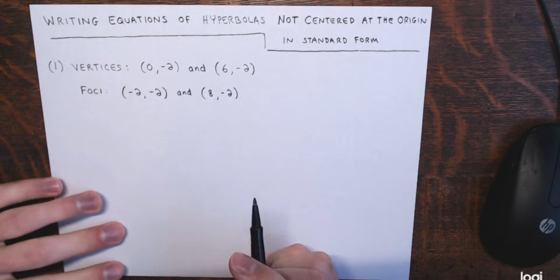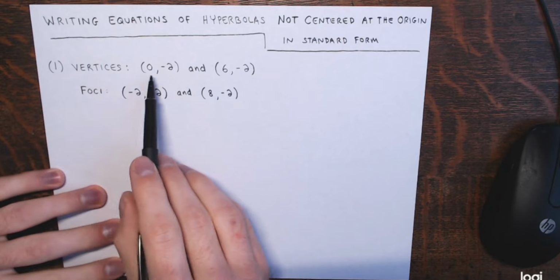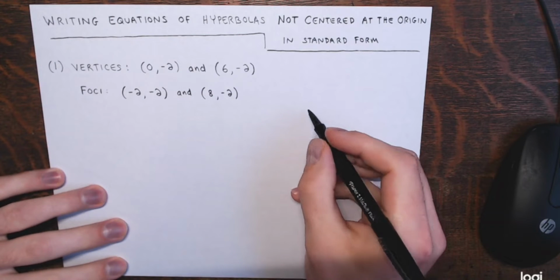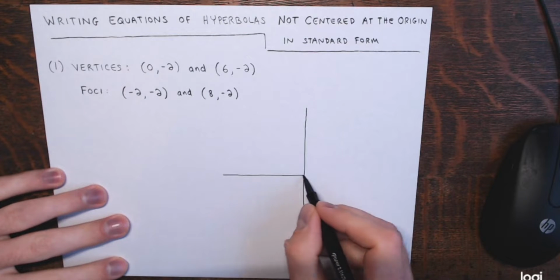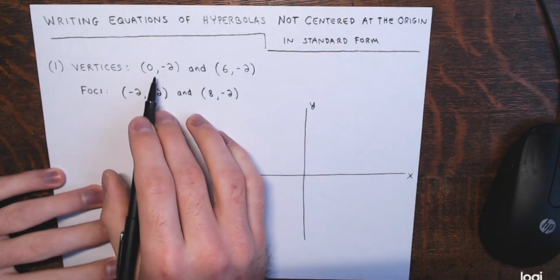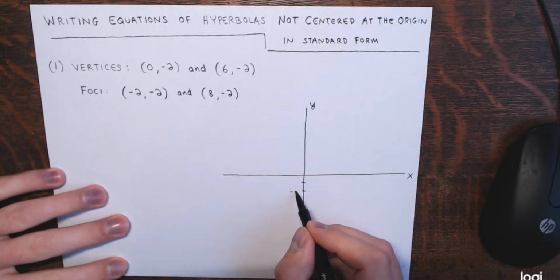All right, so in example 1, I'm given the vertices and the foci. And I'll start drawing this stuff off to the side. So here's the xy plane. And the vertices are at 0, negative 2, and 6, negative 2.